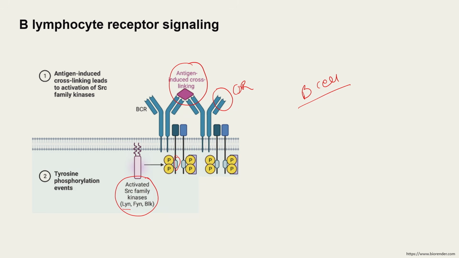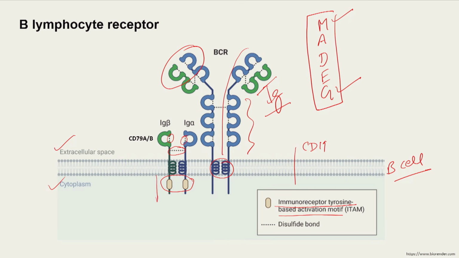I also wanted to emphasize that, as in the earlier slide, these are also called CD79A and B. So we can also say that these Ig alpha and beta chains are also called CD79, and are involved in the signaling cascade, but for our understanding we'll keep the discussion as Ig alpha and beta.